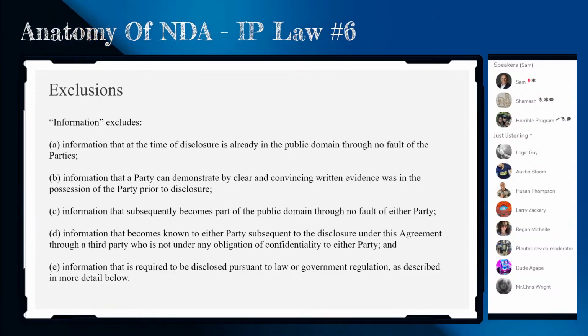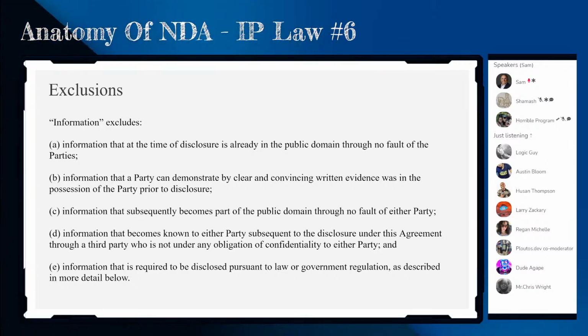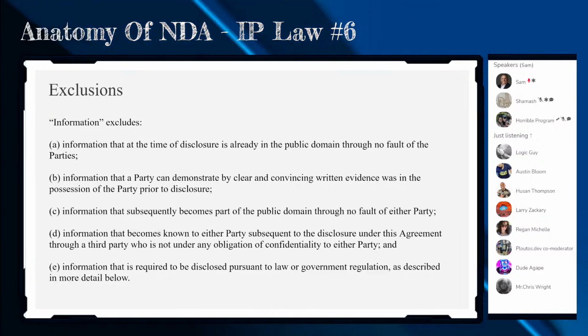It's marked, or we tell you orally, or you should have known it was confidential. Okay, but now there are exclusions to what is confidential information. One is that at the time of disclosure, it was in the public domain through no fault of the parties. So, meaning what? Meaning that it wasn't confidential. It was already in the public domain.